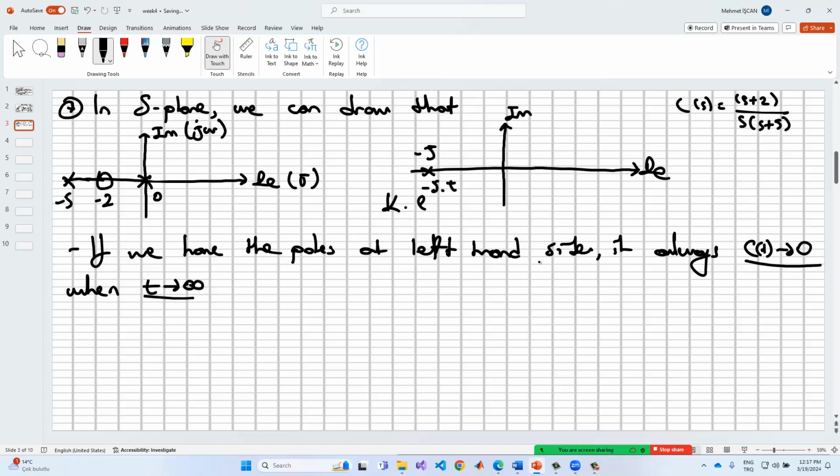We have this condition due to the exponential of minus 5t, because we have the negative root in here. It's the stability condition in our terms.